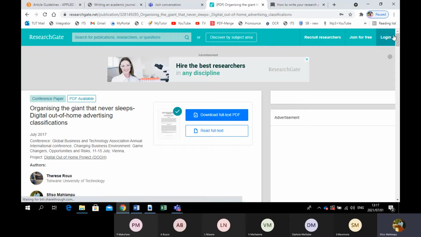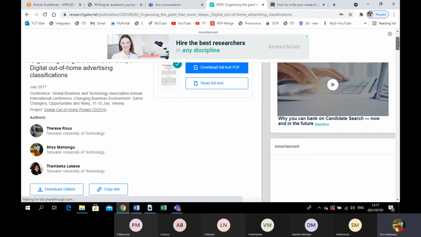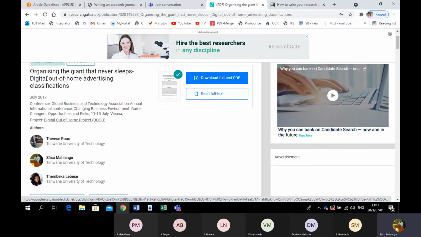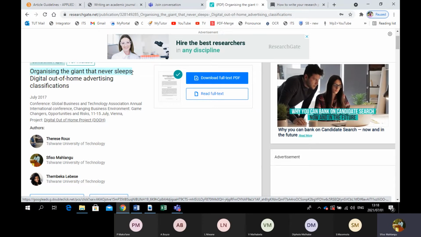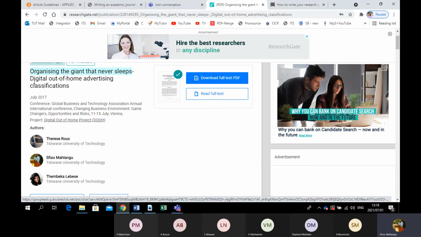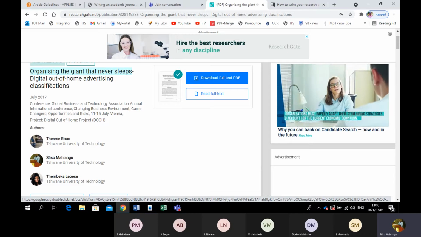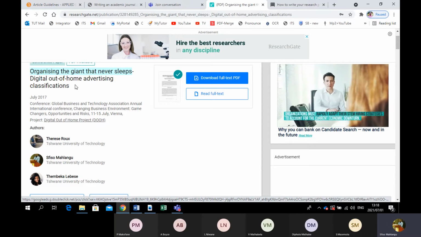So if you read an article such as this one and you look at the title, because this is what they told us, the reviewers, they said this is very catchy. They even recommended some of the words that you see in the title here, because ours was based on the classification, how we can classify digital out of home media.